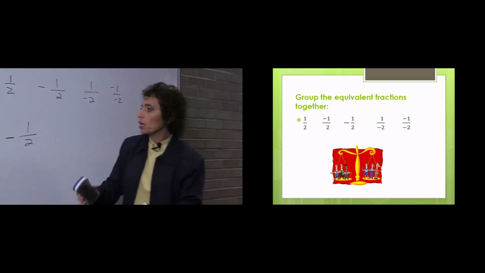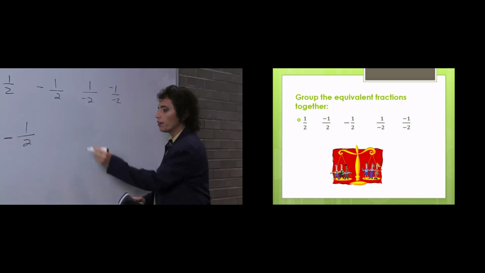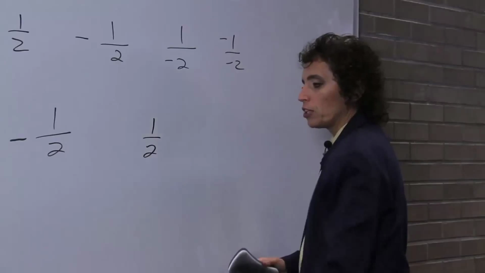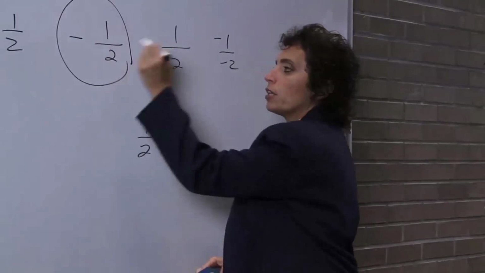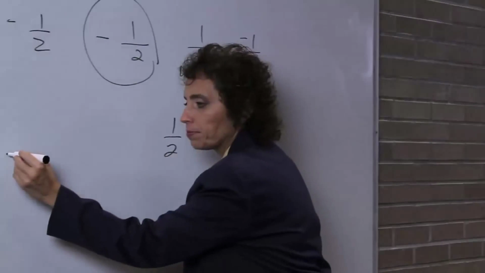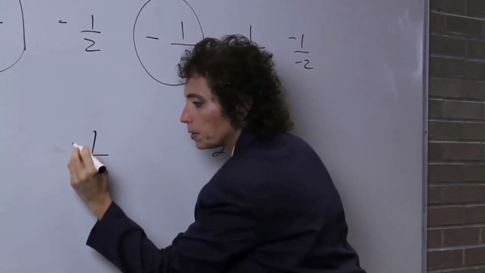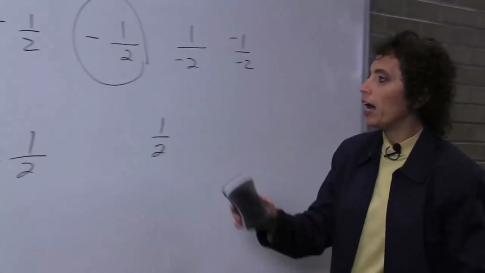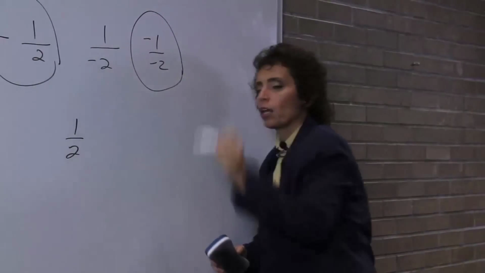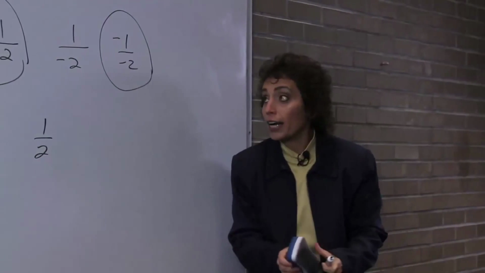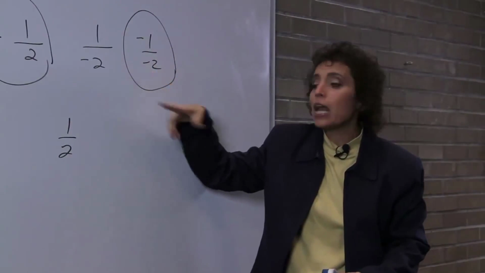Let's take a look. This fraction is clearly positive, okay? That's 1/2. I can see it as positive. This fraction is clearly negative because that's the negative right in front of it. Now here's the other three issues. Let's take a look at this one. I don't actually have to divide, but I know that if I did divide, a negative divided by a negative would be a positive.